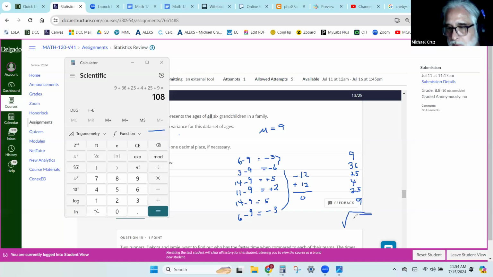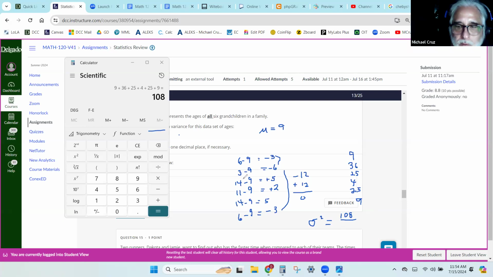There's no square root. It's just the variance, sigma squared, because you're not taking the square root of it. So it's 108.